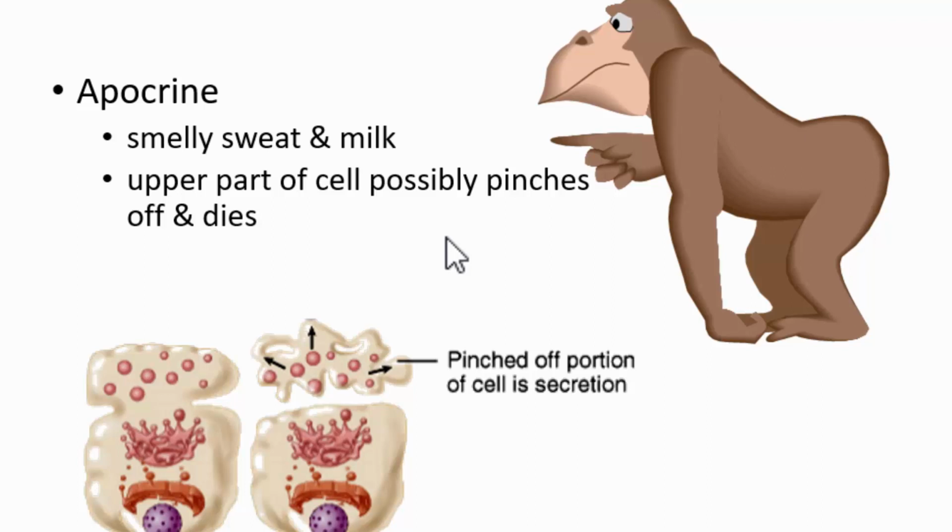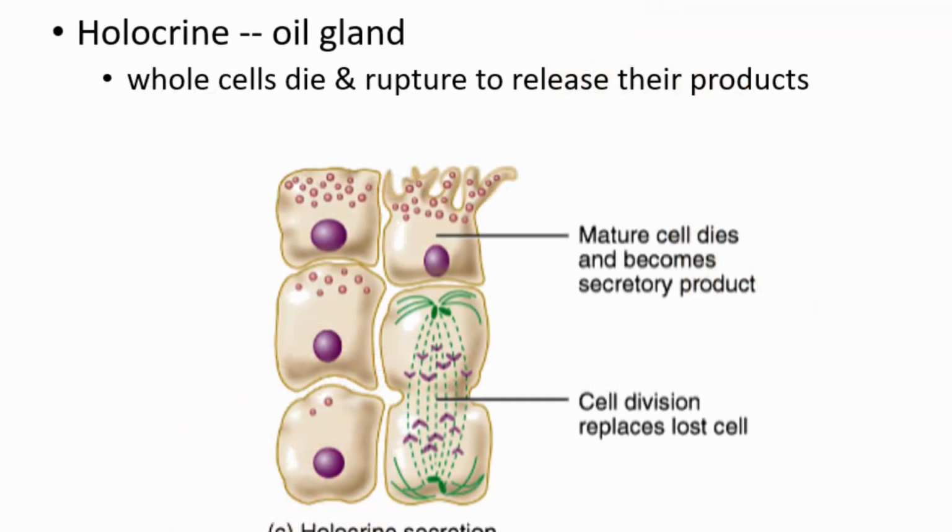But for our purposes, for any tests, milk, we would say, is apocrine. And then again, the holocrine, because the whole cell dies, an example would be an oil gland.